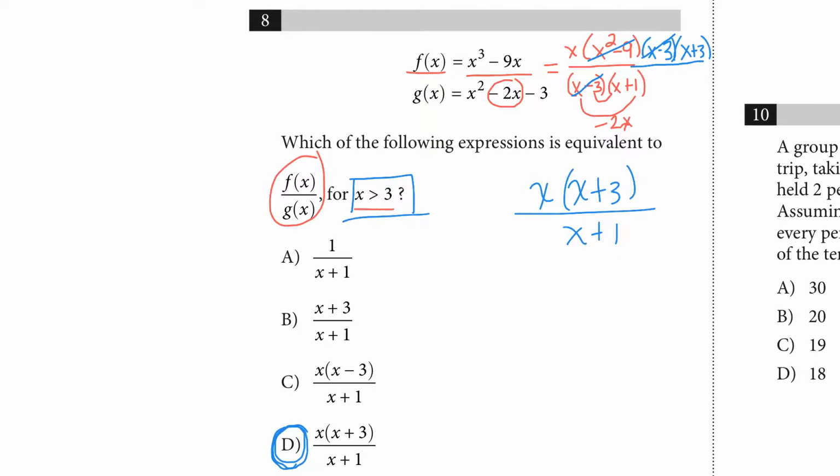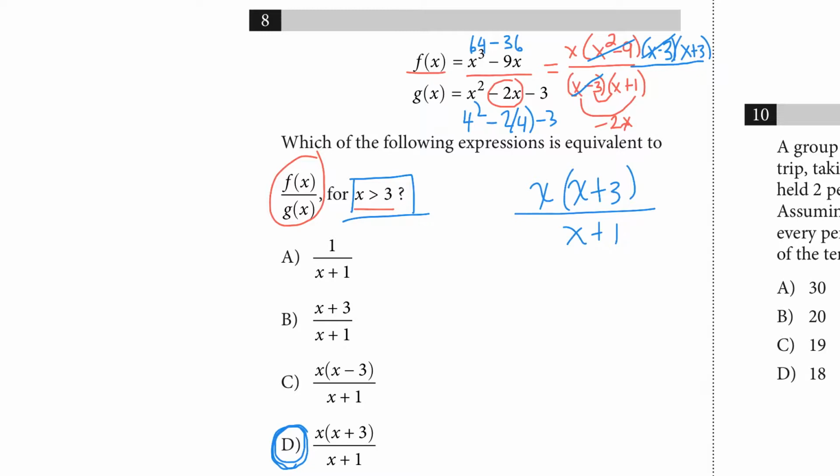And then you get into some real big numbers. 4 cubed is 64, minus 9 times 4 is 36, and 4 squared minus 2 times 4 minus 3, so 16 minus 8 is 8, minus 3 is 5, and so that takes too long.